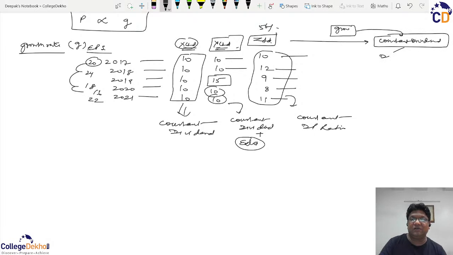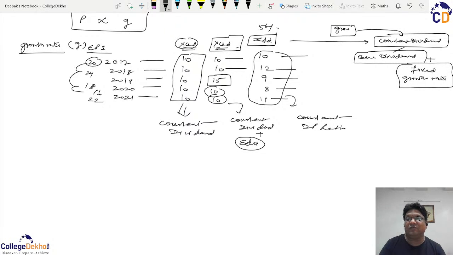There is always a base dividend starting from a particular year, the year from which they started this policy, and the dividend will grow at a fixed growth rate. Now, these growth rates can be multiple, and after a few years they can change it, but at the moment we presume that they have a fixed growth rate.